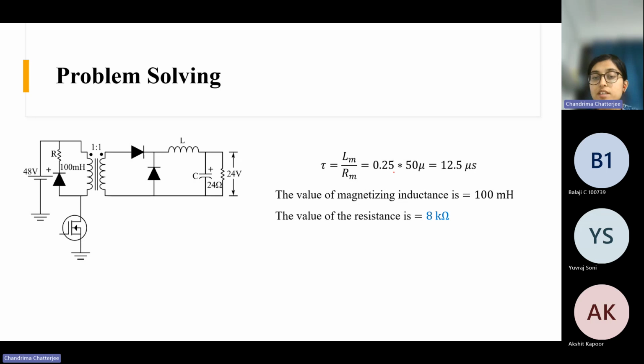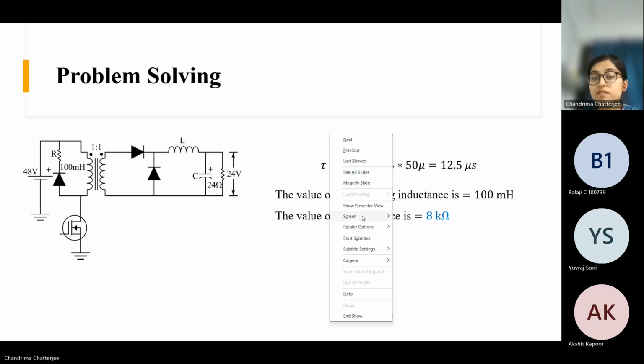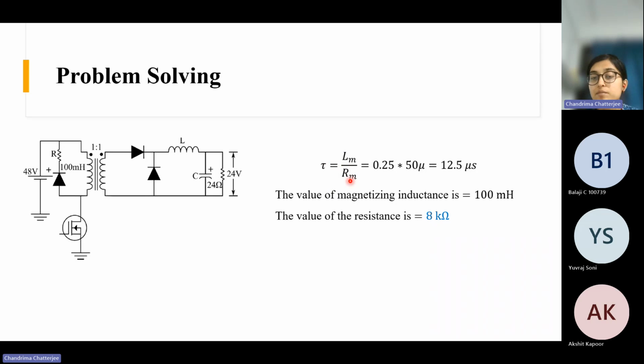So the time constant is Lm by Rm. Lm is the magnetizing inductance, Rm is the resistance. And that is given as 0.25 Ts. Ts value is 50 microsecond, so tau is 12.5 microsecond.